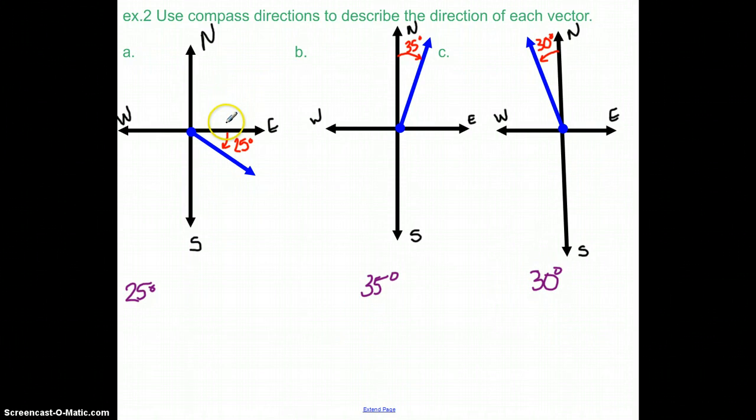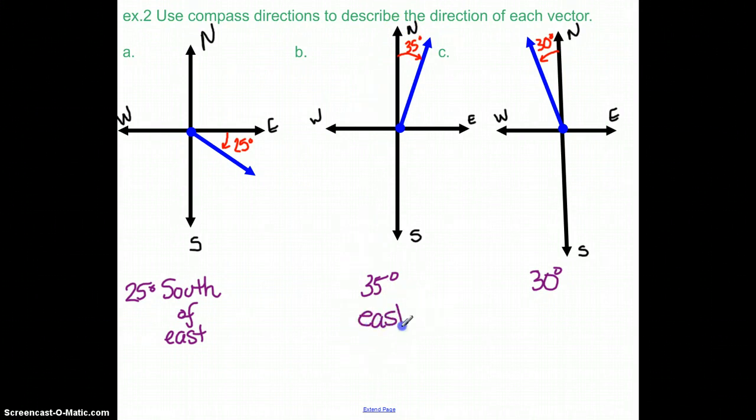But you can tell on this one that this one has moved south from where it was. And it moves south from actually pointing east. So this is going to be south of east. Now on this one you can tell that it's moved east of north.